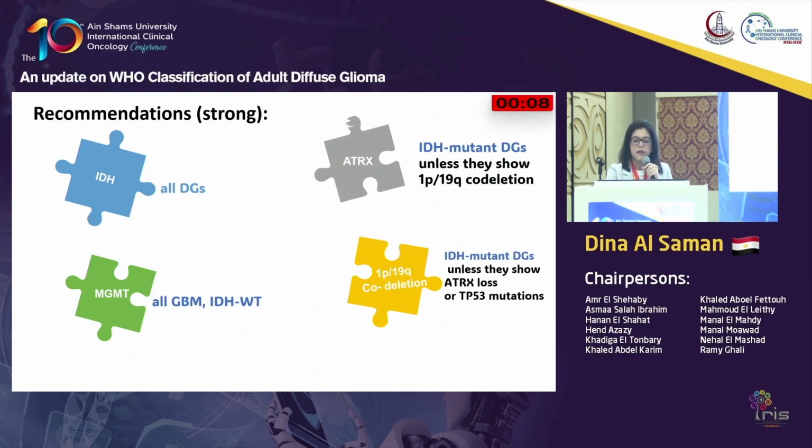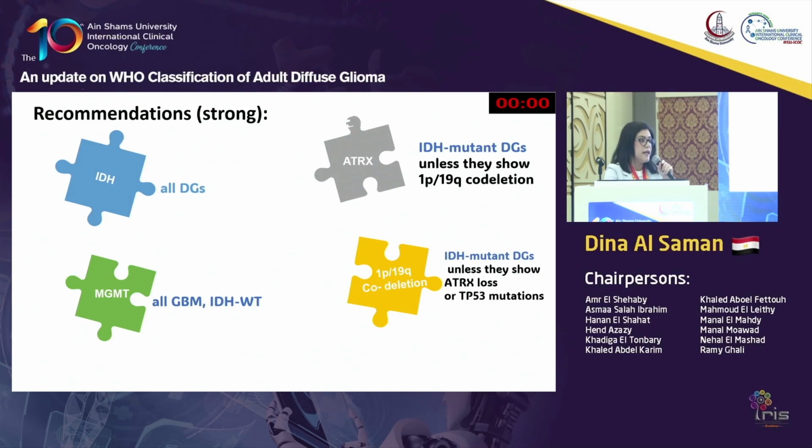Okay, 1p19q co-deletion testing again is recommended if you have an IDH mutant diffuse glioma, unless they show the ATRX loss or TP53 mutation. If you already have an ATRX loss and TP53 mutation, that supports it, and you can ignore it, but if it's feasible to be done, it's better to be done, it's a strong recommendation.